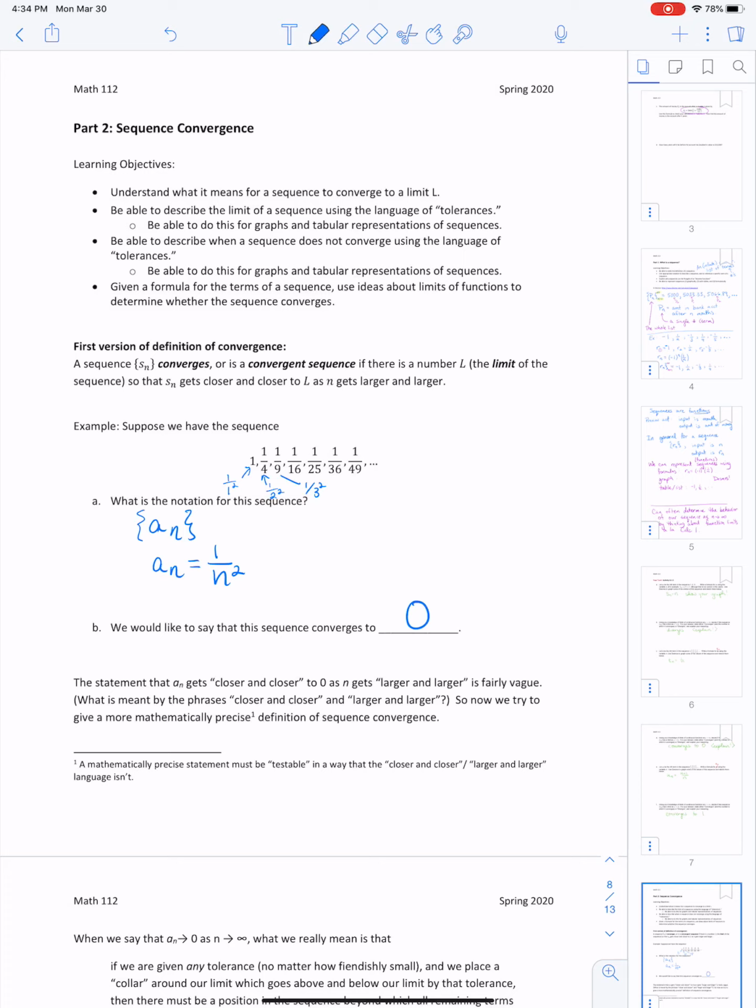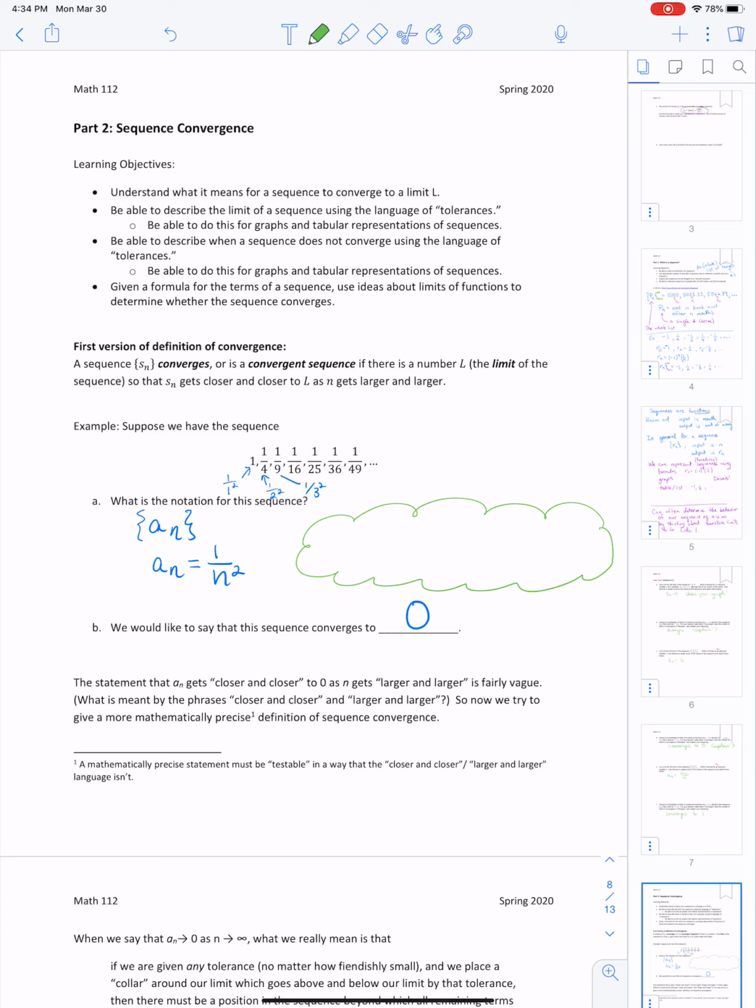Now, in the last part, when you were working on the Your Turn exercises, I talked about using the language of functions and what we know about limits of functions. What you would do in this scenario, and this will not be with tolerance language, but I'm going to do a little aside here.